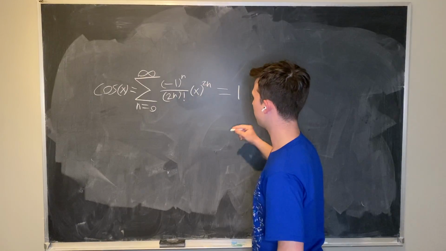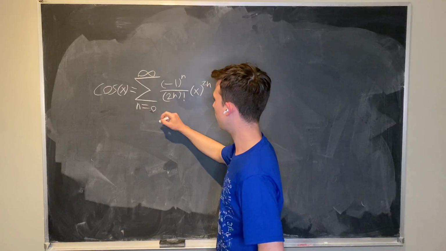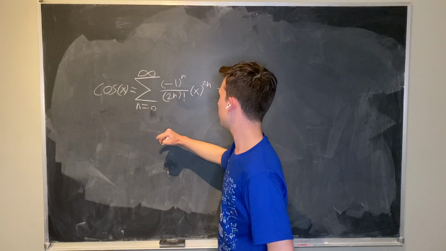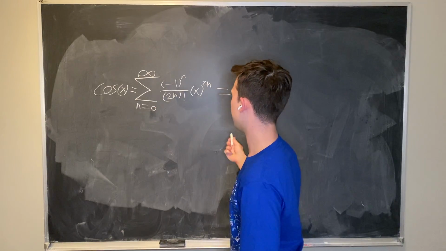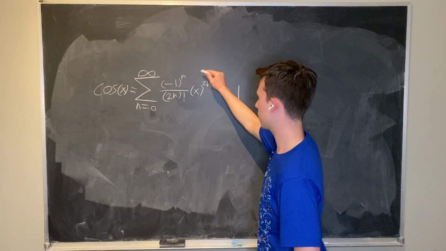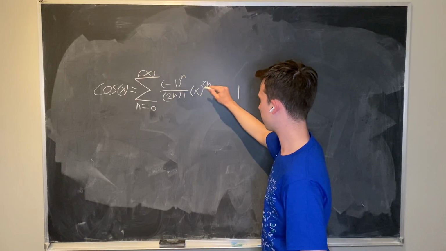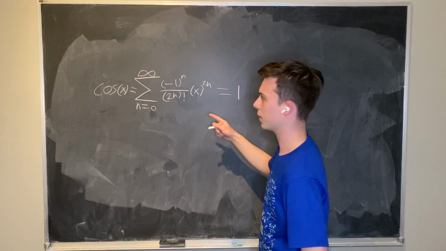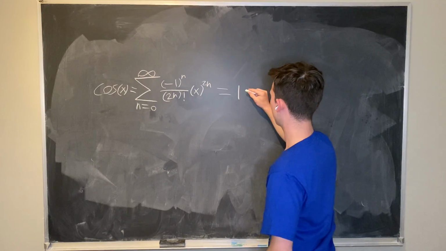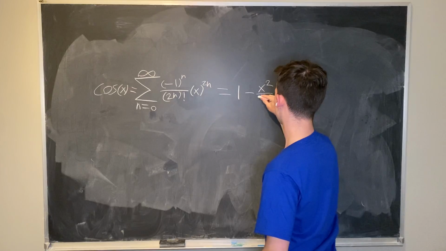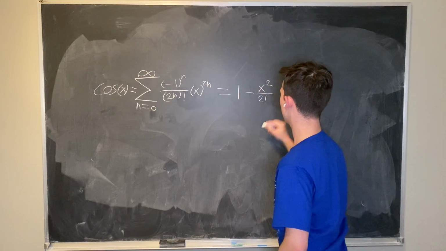Then we plug in 1 for n, the next index, and we get -1 over 2 factorial, which is 2, times x to the second power. So minus x squared over 2 factorial.